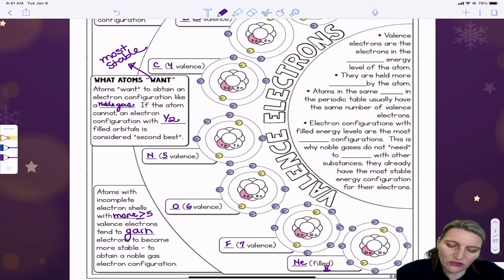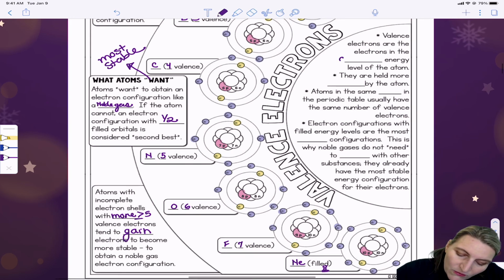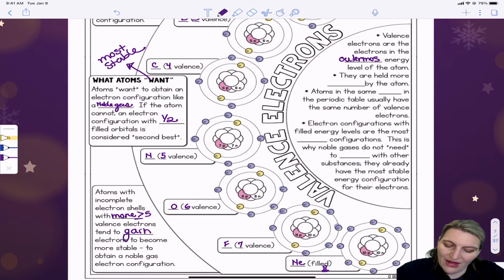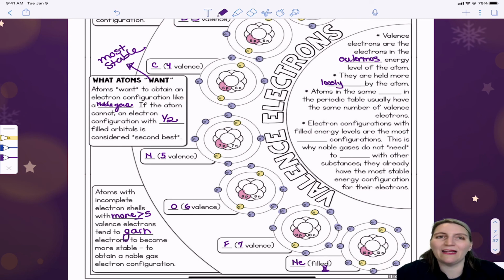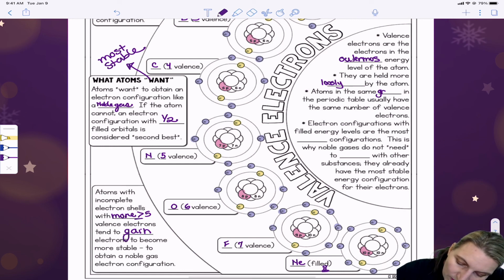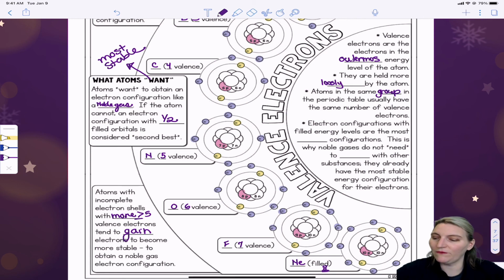So valence electrons are the electrons in the outermost energy level. Just as a review, they are held more loosely by the atom. Those ones that are further from the nucleus, think of Coulomb's law, are less attracted to the nucleus. They're held more loosely in the atom. And atoms in the same group, column up and down, generally have the same number of valence electrons.